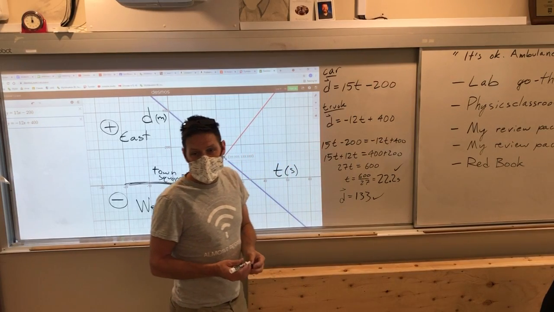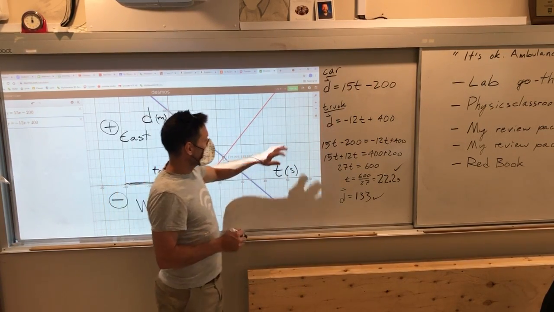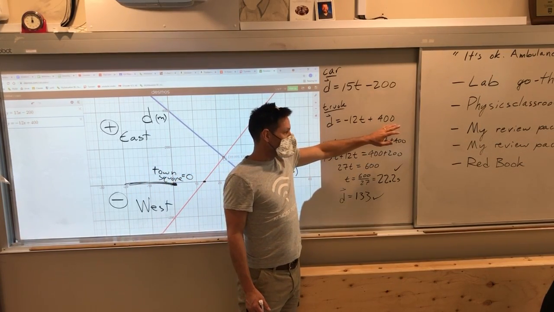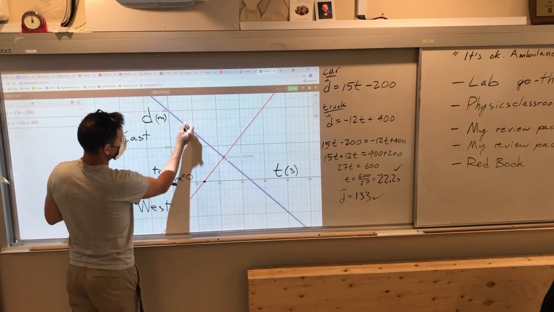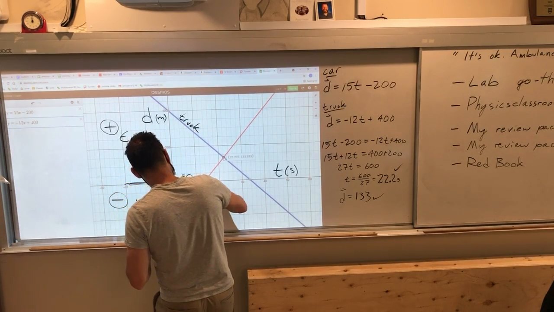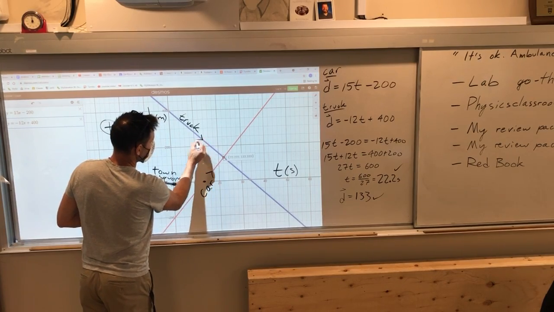And then number 5, it tells us about a different vehicle, a truck, that starts 400 meters east of town. So it's positive 400 when it starts, it's up here. So this is the truck. And this is the car. And the car is moving this way and the truck is moving that way.